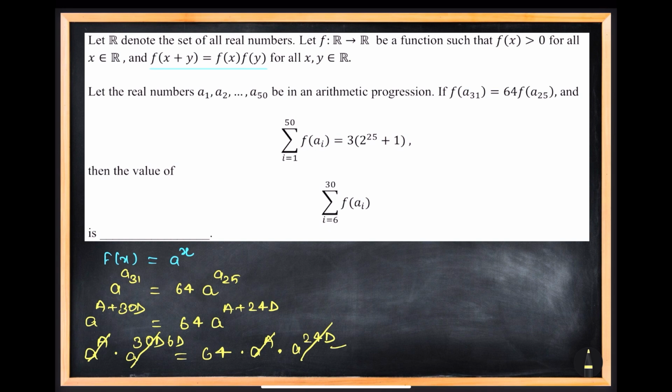So can I write this thing as a power 6D is equal to 64, and 64 is nothing but 2 power 6? Just tell me. Now, can I say that this small a is equal to 2? The capital D: 6D equals 6. So capital D will become 1.